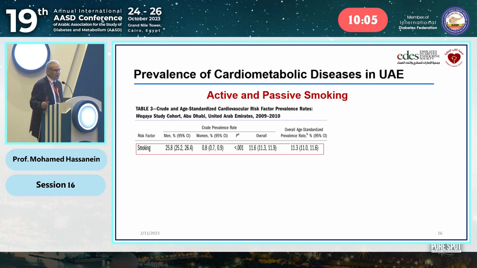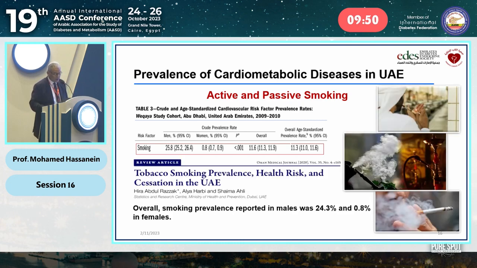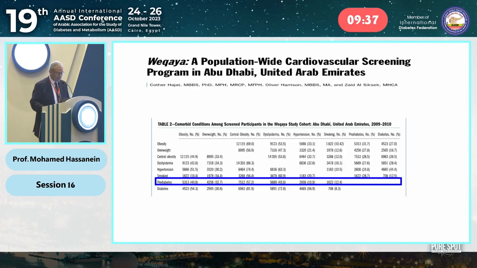You go to a restaurant, or a cafe, or sit in the lobby of the hotel, and you are exposed to passive smoking because there is no segregated place for active smokers versus non-active smokers. So overall, smoking is really one of the problems that we very rarely address and very rarely provide answers for the people who are dependent on nicotine. And it's important that we try to do this.